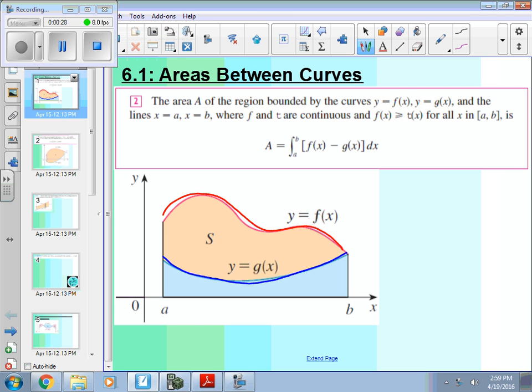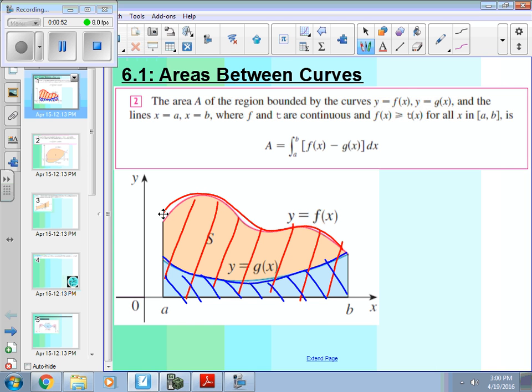Well, if we were to just find the area under f of x, it would give us all this area between that and the x-axis. If we would just find the area of g, it would give us this blue area between g of x and the x-axis. Well, the brown stuff is the difference between those.